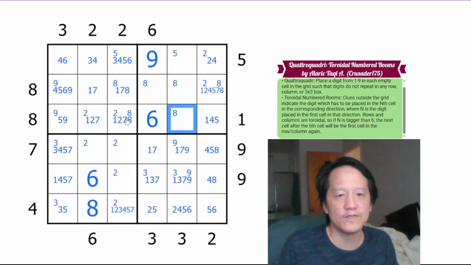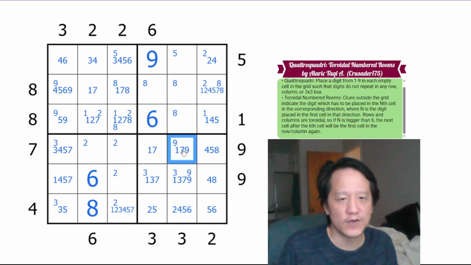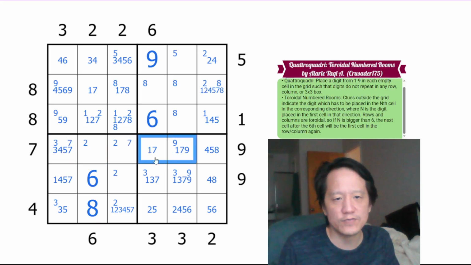It has to be in 5 or 9. 1 could be in 1, 4, or 5. 7 can be in 3, 4, 5, or 7. So 7 can be any of these 4.